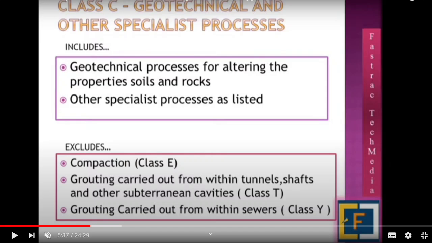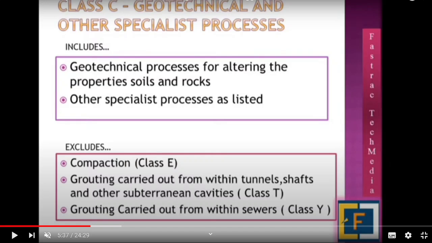So suppose in a contract they are telling class C works are not a part of the contract. Just a word is there in the contract condition. So class C works means geotechnical processes for altering the properties and specialist process. So we have to understand that these are class C works.